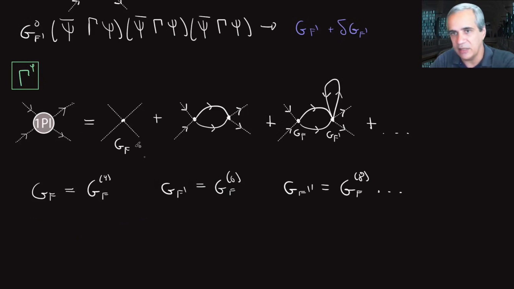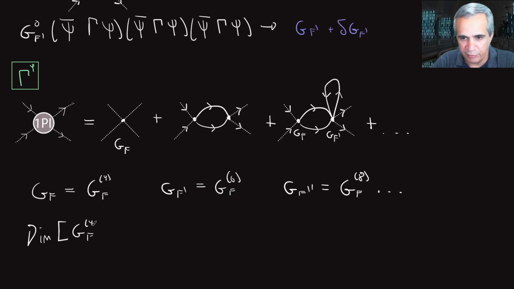And since in 4 dimensions, any term in the Lagrangian needs to have dimension 4, it means that the original Fermi constant, which I call GF4 here, has dimension -2, right? Because with 2 bilinears, the total dimension of the operator is 6.